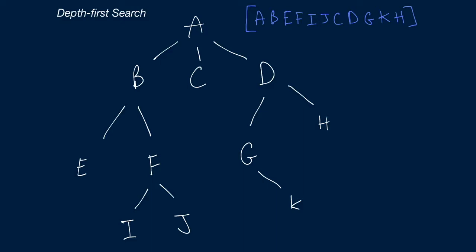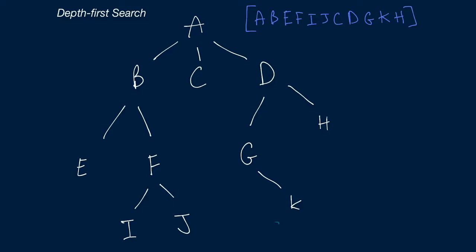And then for every child in its children nodes, we're going to call the depth-first search function and probably pass in the final array. So let me repeat that. For every node, we're going to add that node's name to the final array. And then for every child node that node has, we're going to call the depth-first search function and probably pass in the final array.